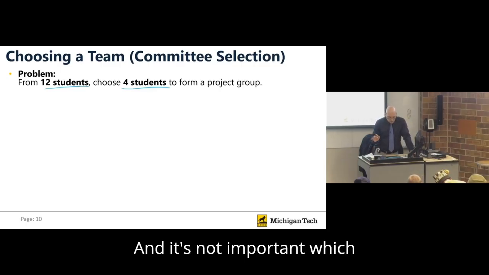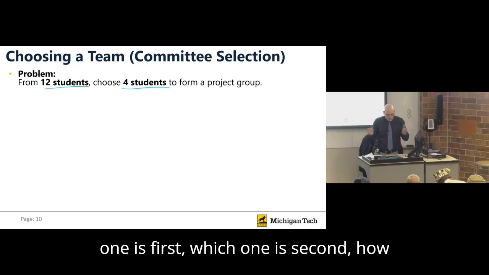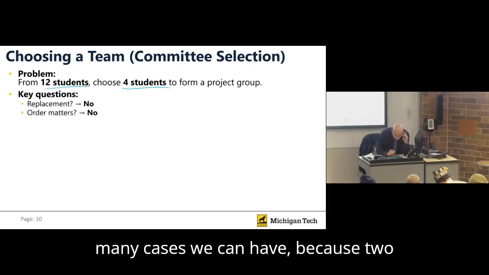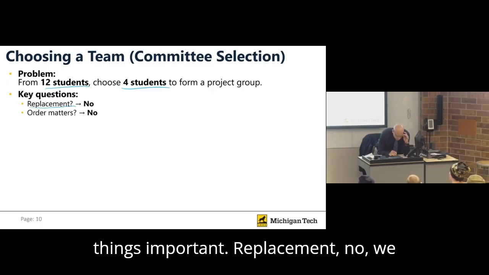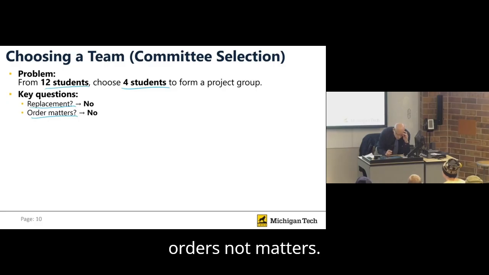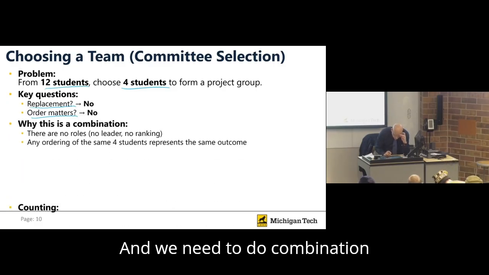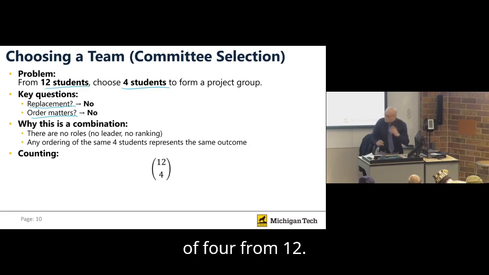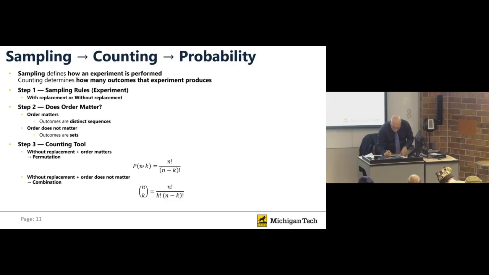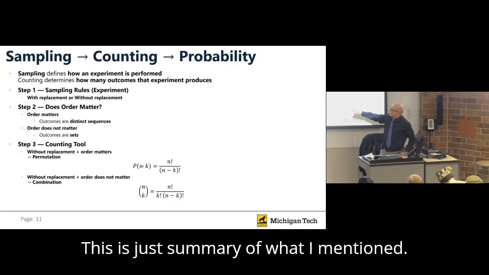It's not important which one is first or second. Two things are important: replacement, no, we don't return them to the pool, and order doesn't matter. So we need to do the combination of 4 from 12. Okay, that's it.